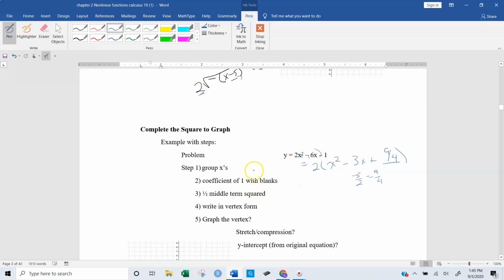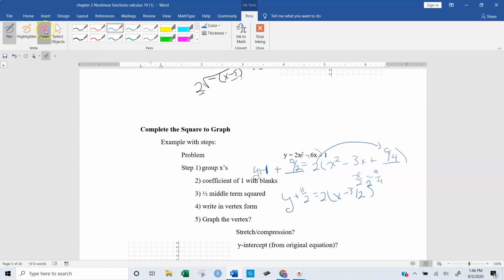We have y plus 1, that's a 1, plus our blank. And our blank is 9/4, but I have to multiply it by 2, which gives me 9/2 is what I'm adding to the side. So 9/2 plus 1 is 11/2. So now we have y plus 11/2 equals 2 times my completed square, which is x minus 3/2 squared.